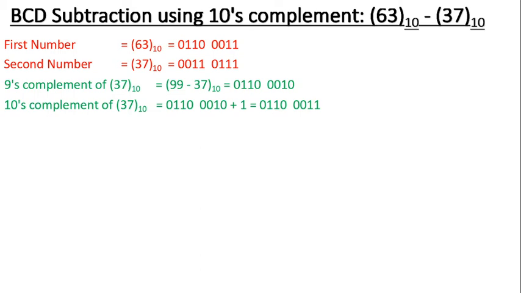We cannot directly get the tens complement of the number to be subtracted. First, the 9's complement of the number to be subtracted is taken, and once we get that, 9's complement plus 1 is equal to the 10's complement. The same concept is applicable in octal subtraction.